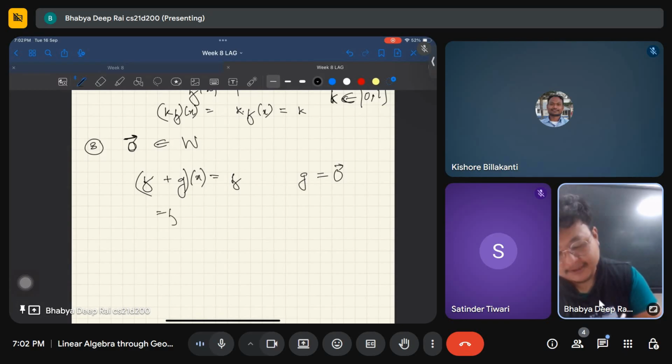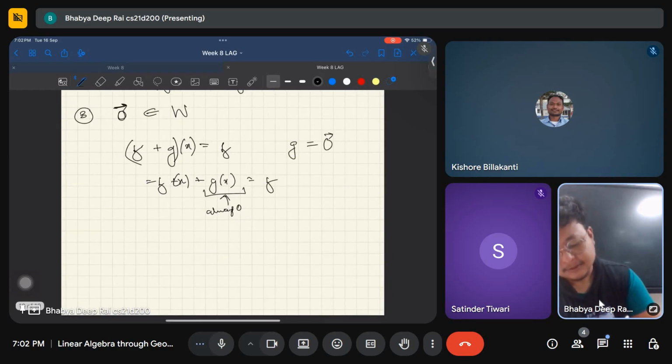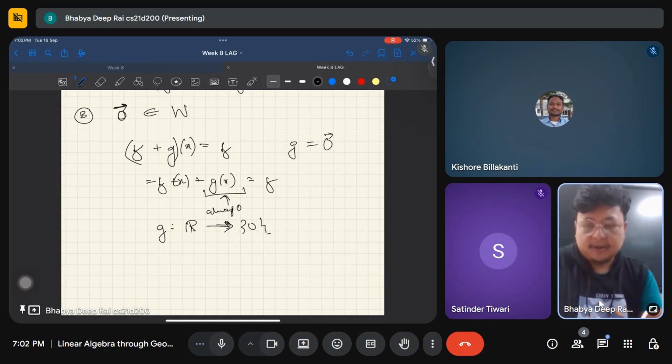So can that exist? If you have f of x plus g of x equals f, then it must be that g is always 0. Yes, this exists because g is a function that takes any real number and always maps to 0, no matter what.